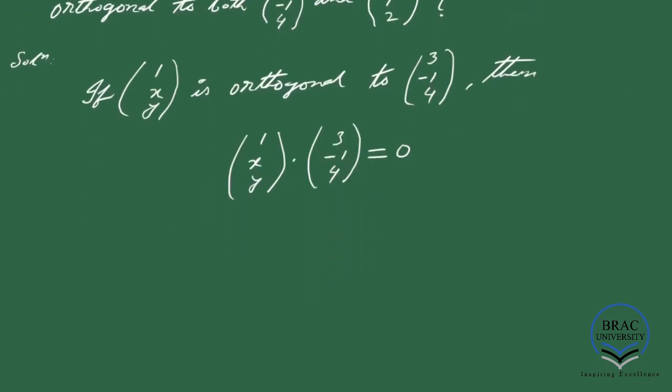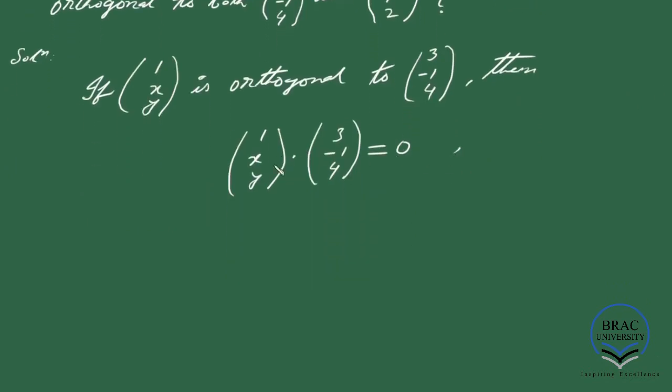Now, if the dot product of these two equals 0, let's perform this dot product operation. So how do you take the dot product? You multiply the corresponding components of these two vectors, and finally you add all of them up. That is the idea.